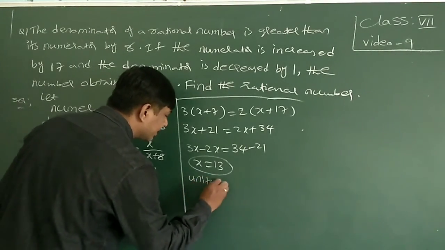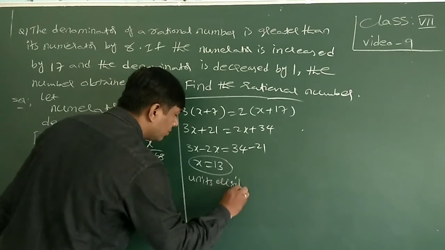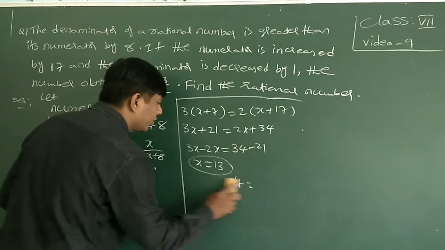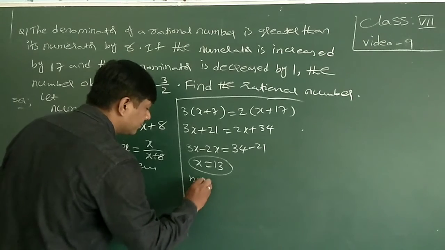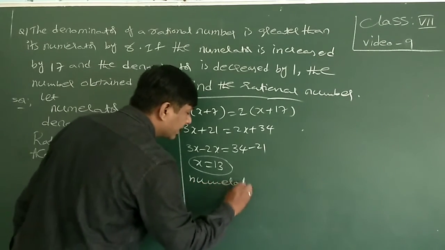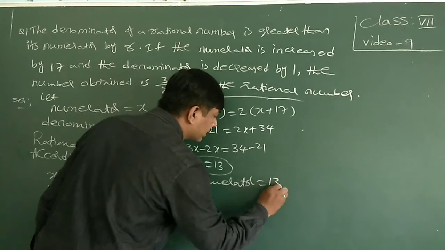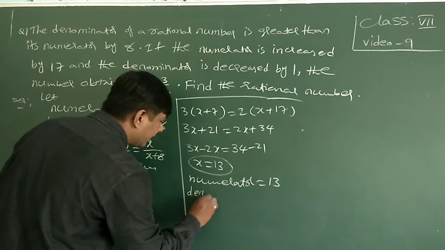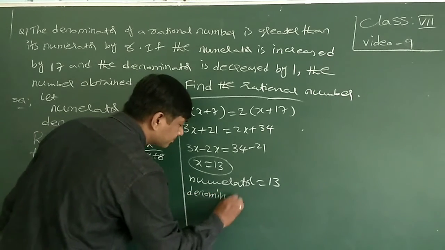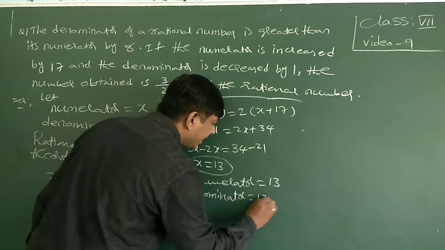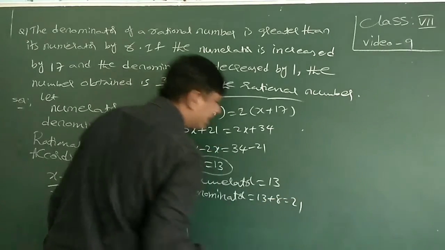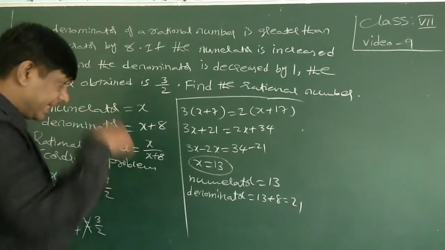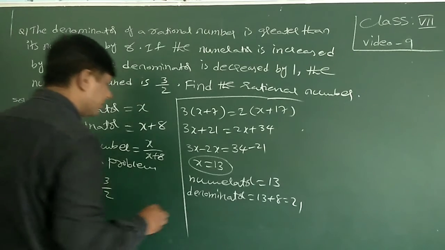Therefore, the numerator is equal to 13, and the denominator is equal to 13 plus 8, which is equal to 21.